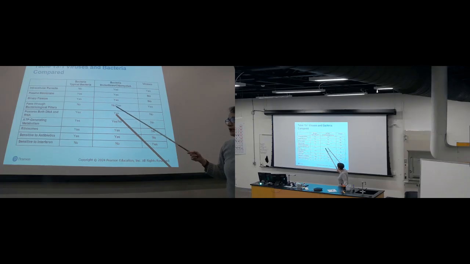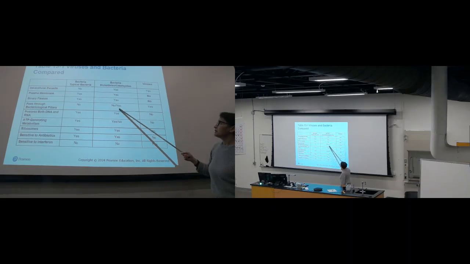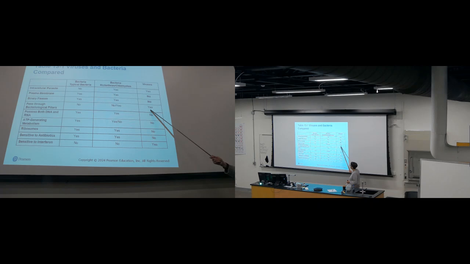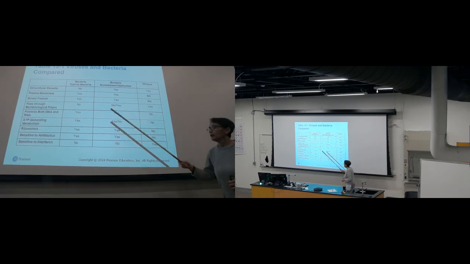Depending on the size of the bacteria, it is whether it can pass through a bacteriological filter or not. Some of these bacteria, like chlamydia, are very small. They can pass through these bacteriological filters that have pores sometimes up to 0.2 microns in diameter. Viruses, yes, they pass through these bacteriological filters because they are very, very small.